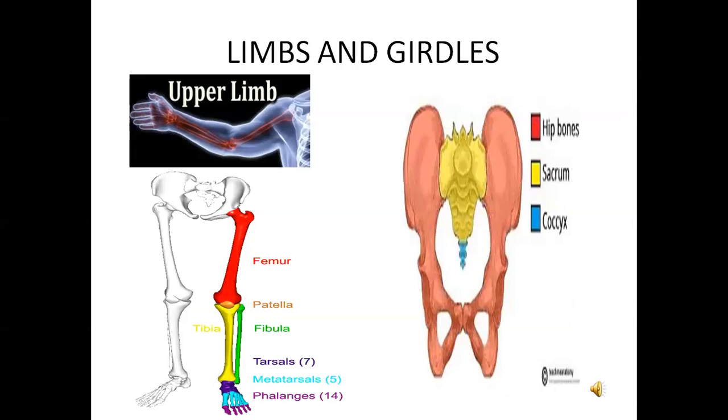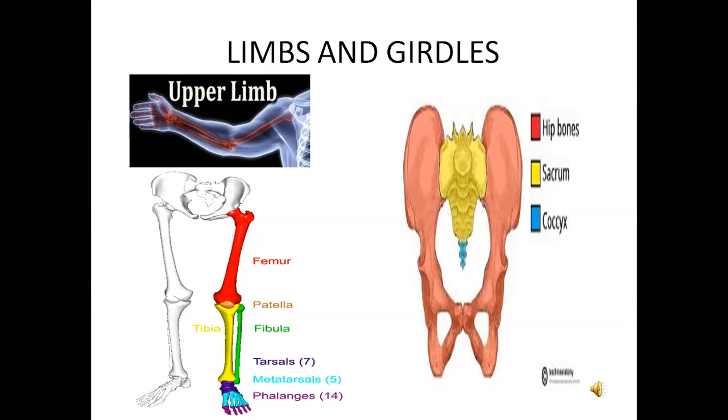Limbs and girdles. Man has two pairs of limbs, namely upper limbs and lower limbs. Upper limbs are called forelimbs and lower limbs are called hind limbs. Forelimbs are used for holding, writing, etc., while hind limbs are used for walking, sitting, etc. Next, girdles.